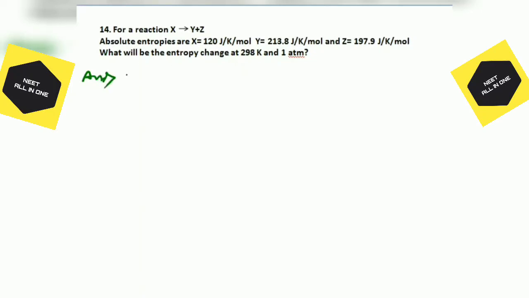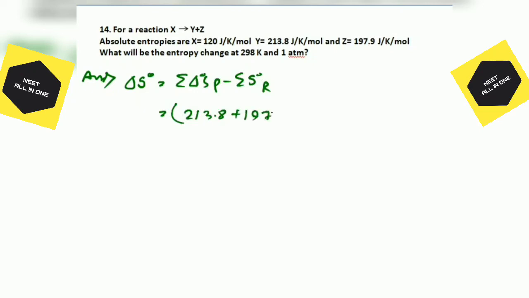We have to know a formula: del S naught is equal to summation of del S naught of products minus summation of del S naught of reactants. If we put the values here: 213.8 plus 197.9 minus 120, the value given here.